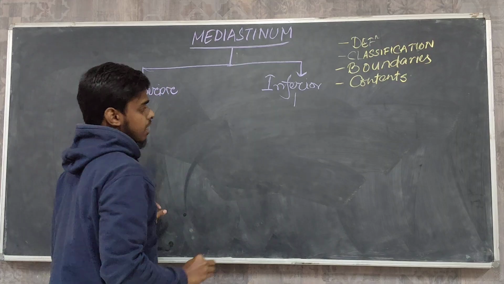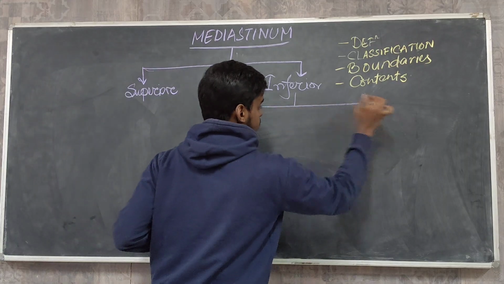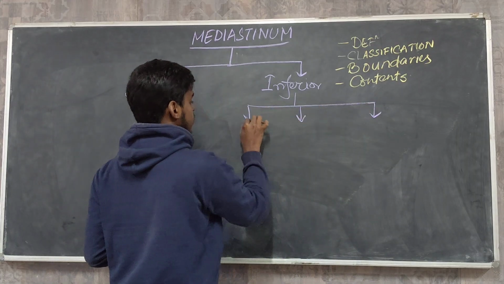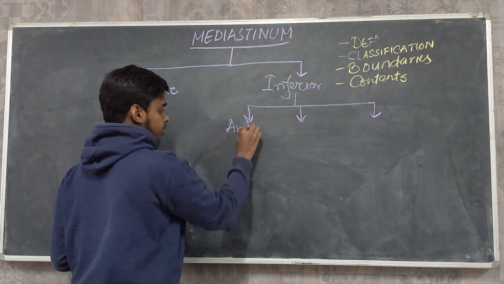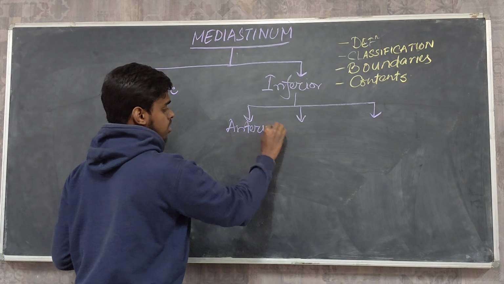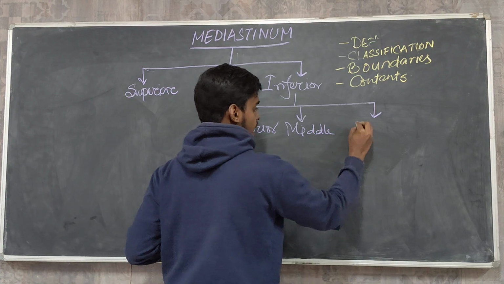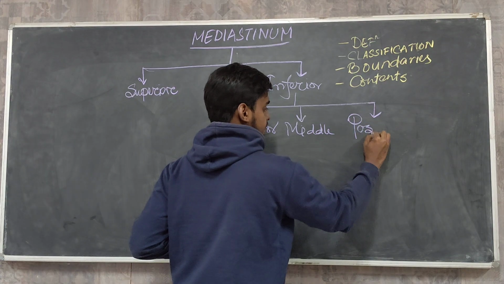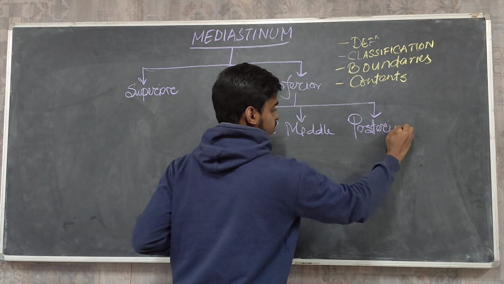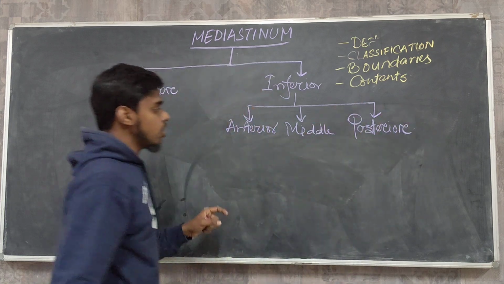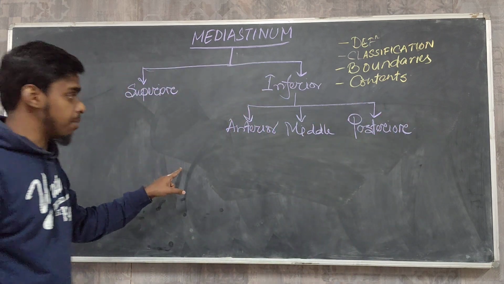And inferior mediastinum is further divided into anterior, medial, and posterior mediastinum. So this is the division of mediastinum.